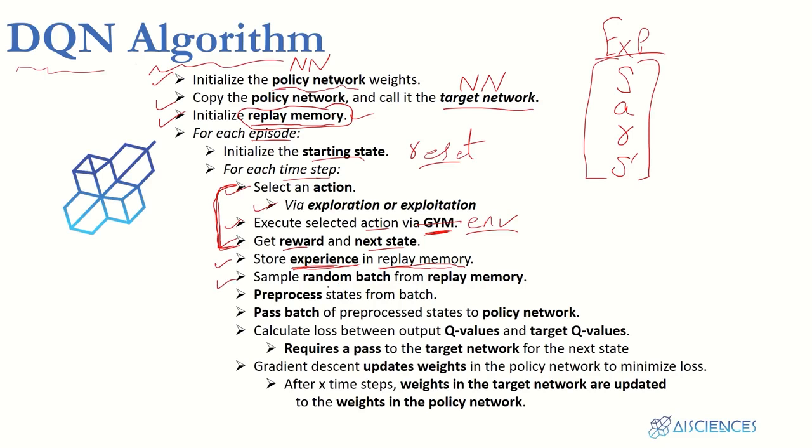Then we sample a random batch from replay memory, right? So imagine that in our replay memory we have tons of experience. We get a random batch from the replay memory. We pre-process this batch, the states that we have stored in it. Then what do we do in pre-processing?